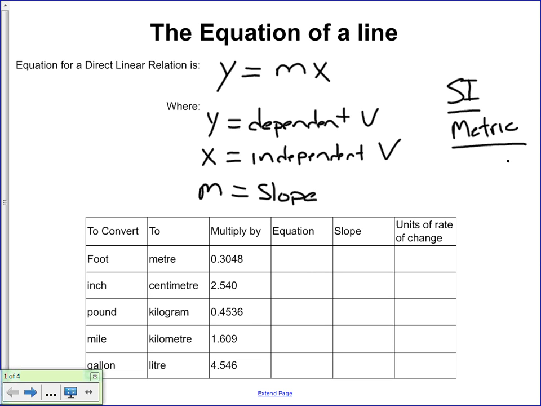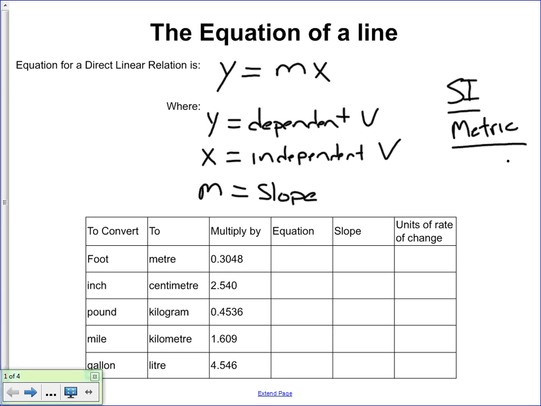Most of our boards and most of our tools are still in the imperial system, so we need an easy way to convert. Because we know this to be a direct linear relation, as I change the feet, I'm also going to change the meters in some sort of a linear fashion. So I can set up equations to solve any sort of conversion problems. That's what this table does in your book.